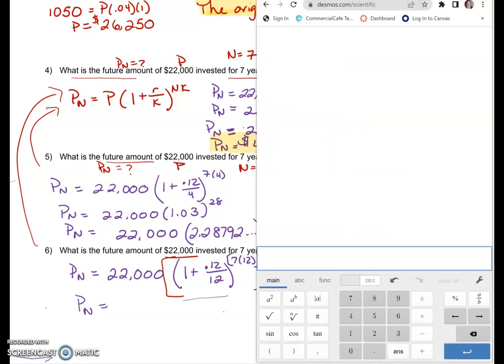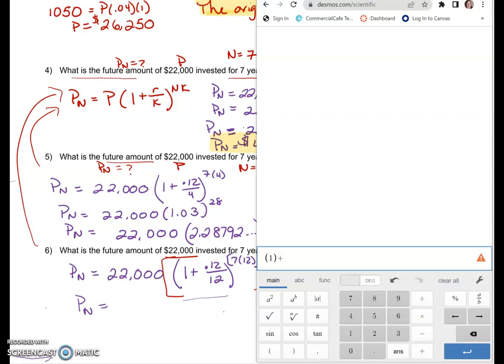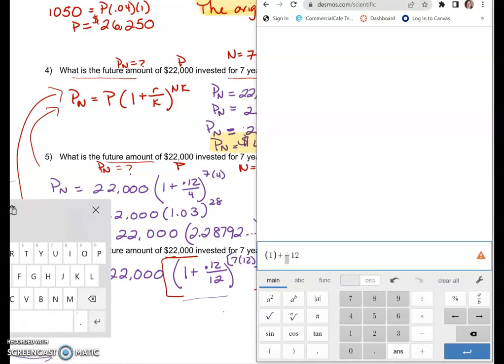Okay, so first I would take this, what's inside the parentheses here. I'm going to use the parentheses, 1 plus, and then I use my fraction key, 0.12 over 12, and then I have to arrow over and use the close parentheses.